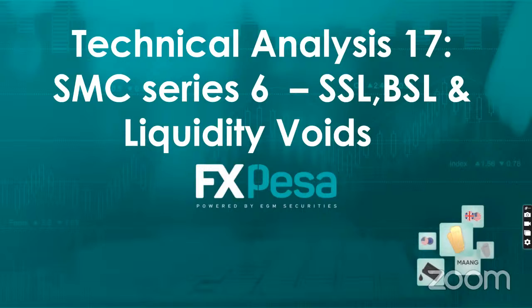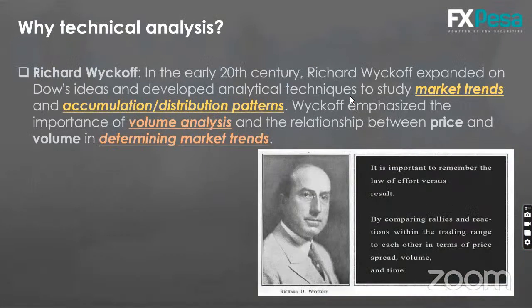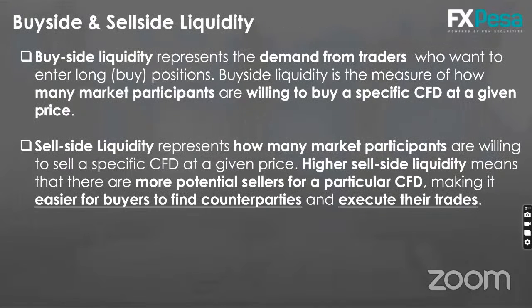So we are going to just go through the presentation, and then we shall be able to draw this tool on TradingView. So what's buy-side liquidity? Buy-side liquidity represents the demand from traders who want to enter long or buy positions. And of course, buy-side liquidity is the measure of how many market participants are willing to buy a specific CFD at a given price.